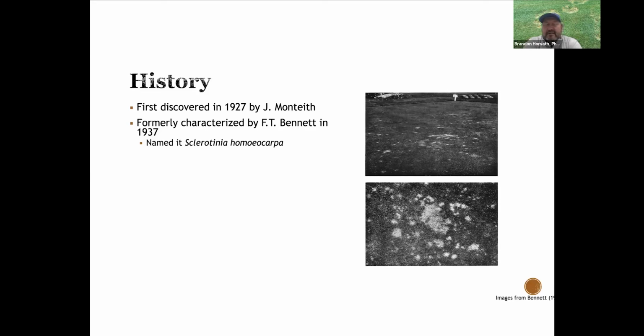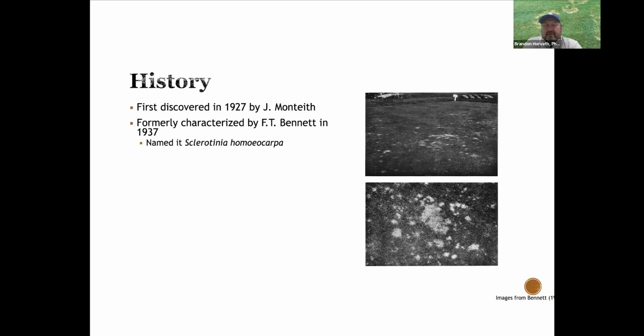One of the things that puzzled both these individuals was why dollar spot remained fairly small in size compared to other diseases. At the time that Monteith called this little brown patch, there was also large brown patch, which is the brown patch on cool season grasses that we think of today, caused by Rhizoctonia.